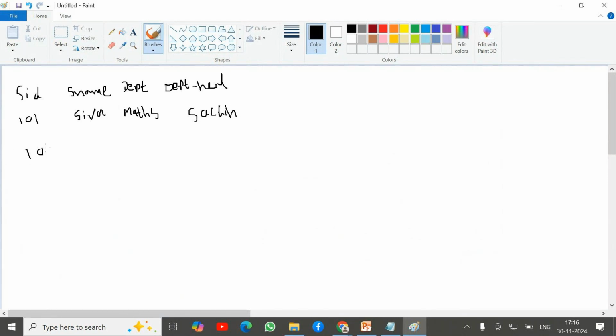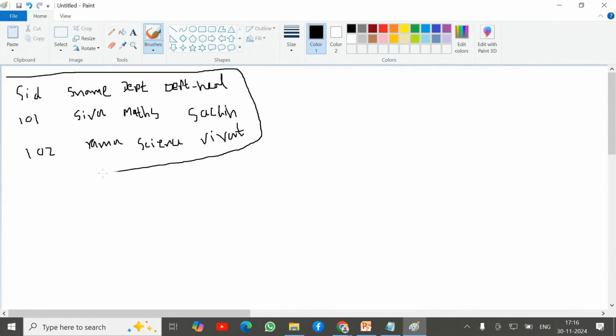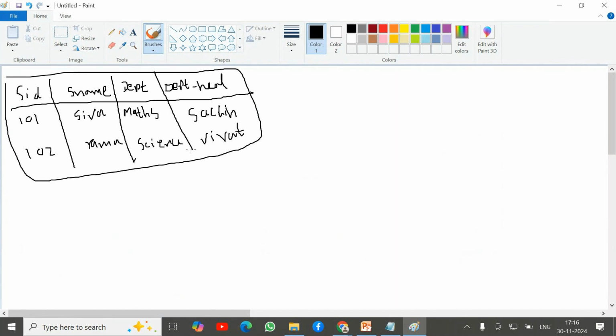Student ID 102, student name, next one, science, here Virat. Student ID, student name, department, and department head. This is one table.